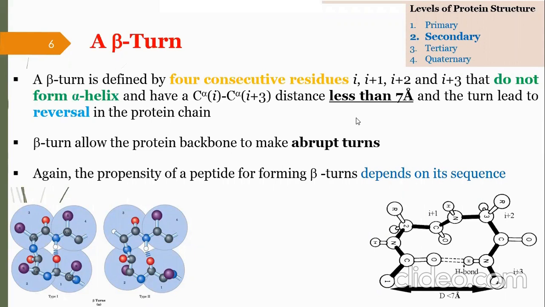If we have a sequence, for example G, T, G, M, G, X, we can determine from the sequence whether it will make a beta sheet, an alpha helix or a beta turn, because the sequence gives rise to the secondary structure.